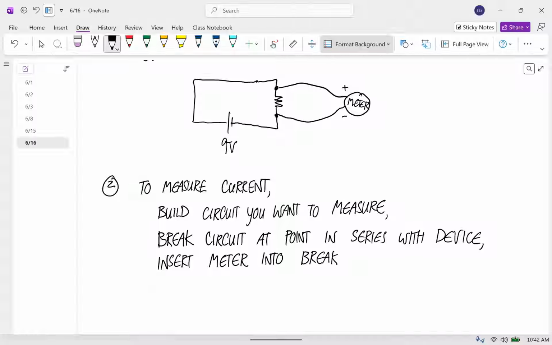Okay, so if you're measuring current, you can't just take that meter and put it on top of a working circuit. You have to break it and make that meter part of the circuit.